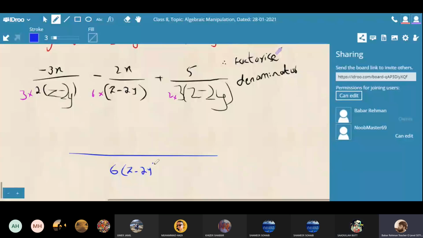Okay, if 3 is multiplying over here, I can write 3 here. So it will become minus 9x minus 12x plus 10. Minus, and I will be multiplying by 6 here, that is 12x. Then I multiply by 2 here, then that will be 10. Okay.